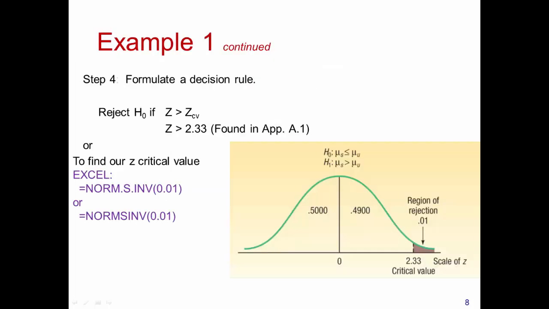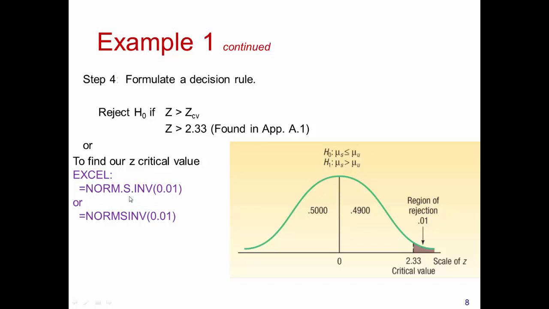It's to create our decision rule, and in this case we're going to reject the null hypothesis if our z test statistic is greater than our z critical value. We can find our z critical value in either appendix A1, or using Excel with the NORM.S.INV function.